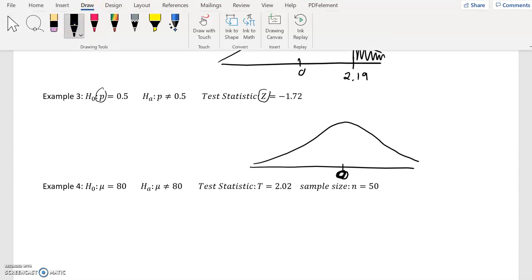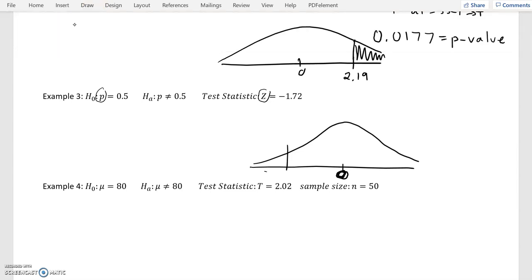All right, so where's the area? Well, I'm going to find my test statistic, negative 1.72, and then everything that's as far from 0 or further in either direction, since it's a two-tailed alternative, right?